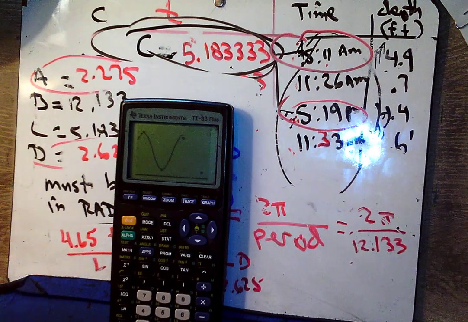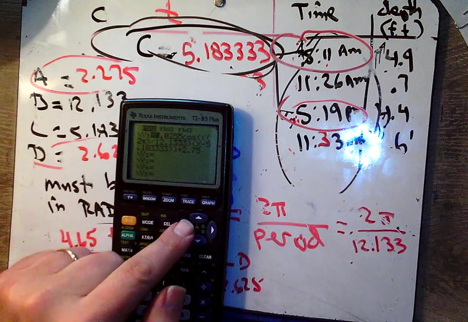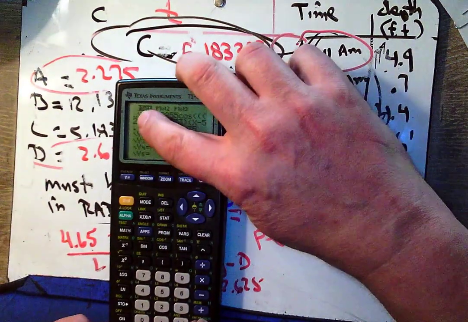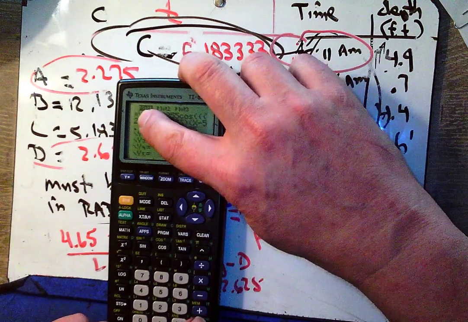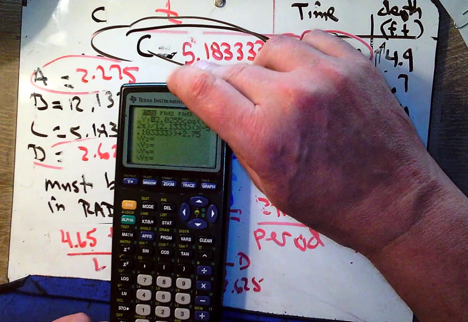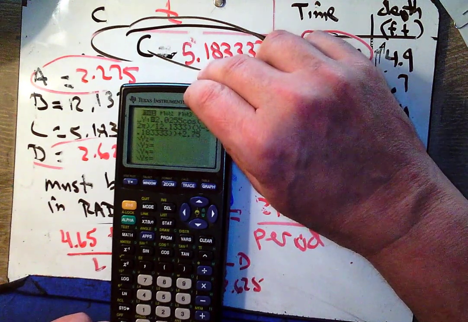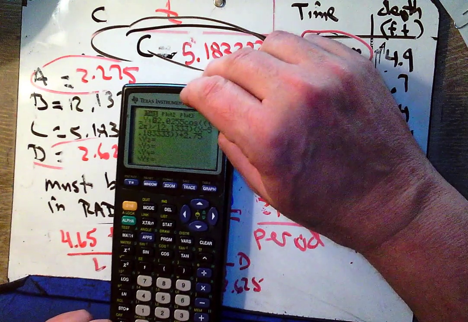Oh, that's very interesting. So let's compare it with the other one. By the way, if you take your arrow all the way to the left and hit enter, you can scroll through a bunch of different selections for how this will graph. I'm looking for the one that's got the thick line.